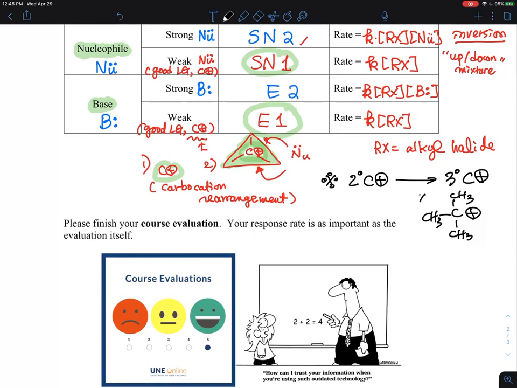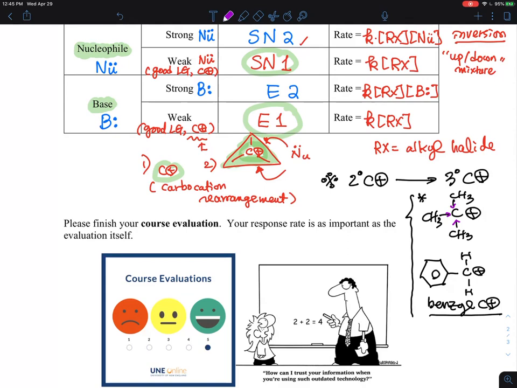But also remember that this is not the only stable carbocation form. If you have a benzene group attached here, this is what they call the benzyl carbocation. This is very stable too. And the reason is because this is an induction effect, right? The electron donating group effect.